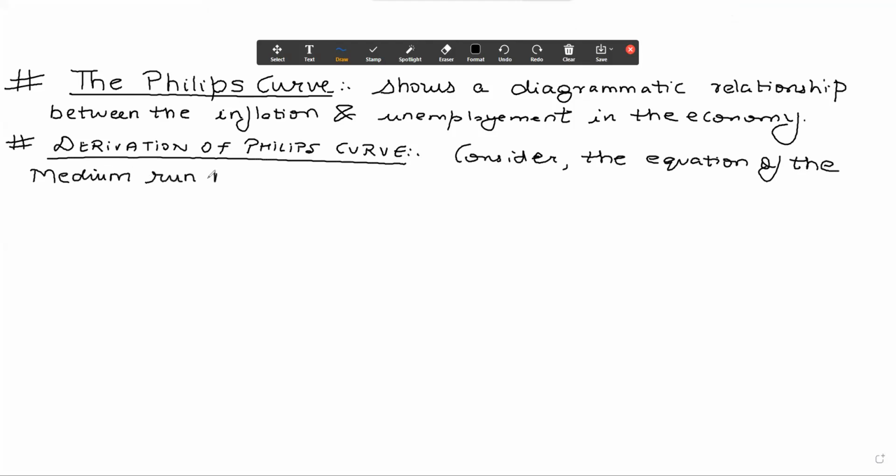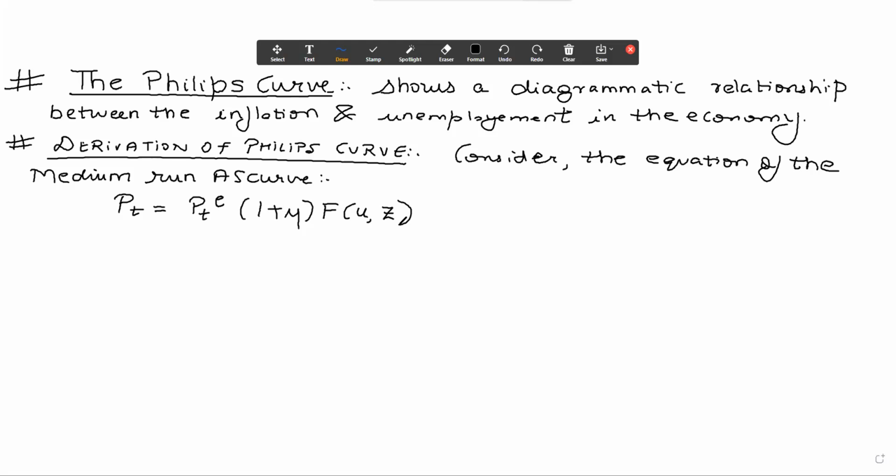Consider the equation of the medium run AS curve given by P_t is equal to P_t^e into 1 plus mu into F as a function of u and z. All students recall that this was the equation of the medium run AS curve.